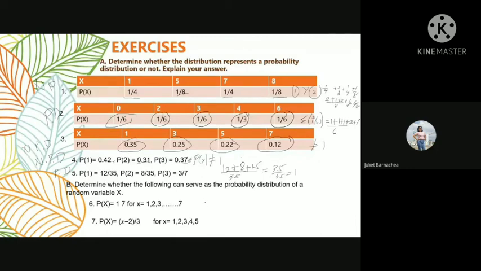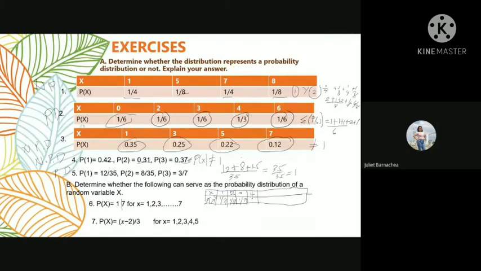Sa number 6 naman, 1 over 7 to. So, kung gagawa natin ng table yan, probability of x, tsaka x. Kada 1 may 1 over 7. 2, 1 over 7. 3, 1 over 7.